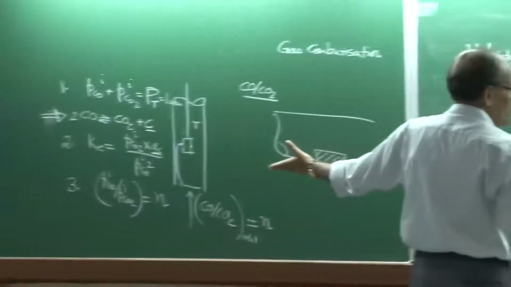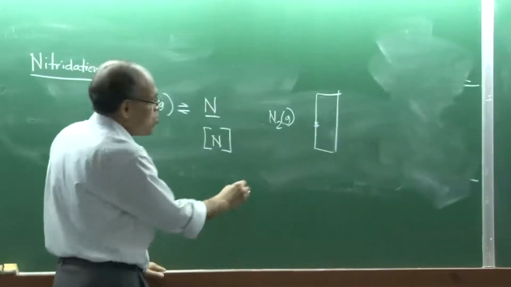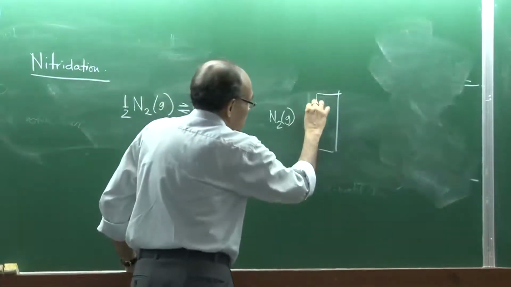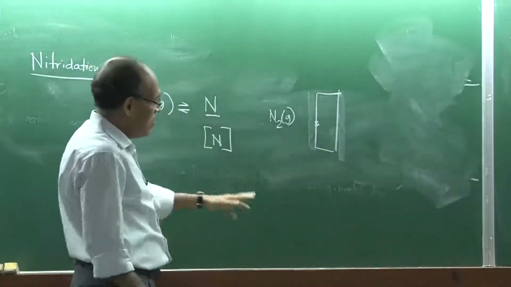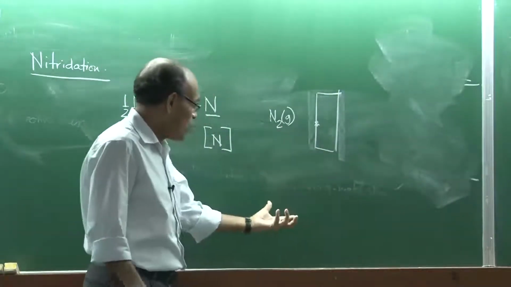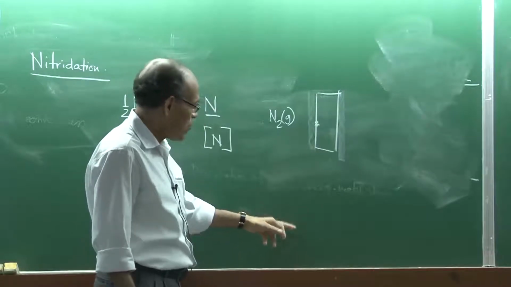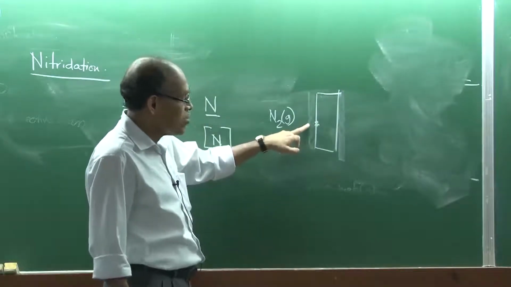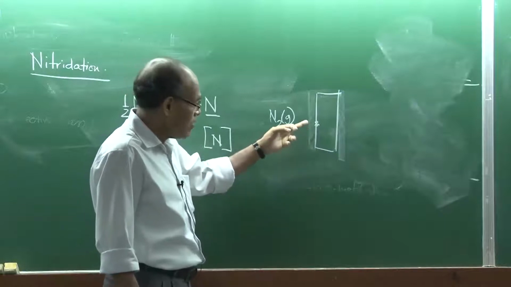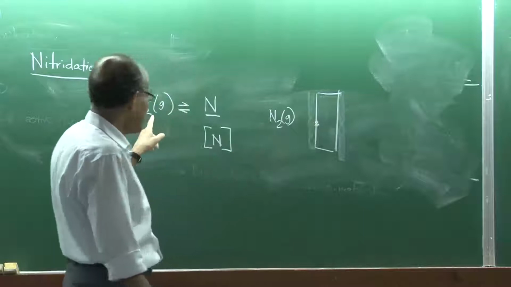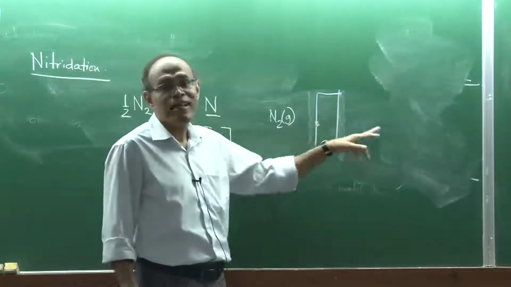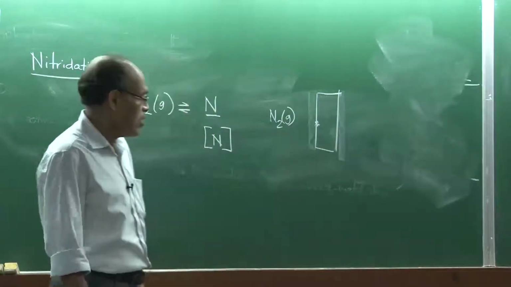Again, as what we have seen in the context of carburization, because there is a boundary layer around the solid, we will assume that the nitrogen from the bulk gets transferred to the edge of the boundary layer. Then nitrogen is transported through the boundary layer, it reaches the surface. Then the reaction takes place, and following that nitrogen starts to diffuse into the system.